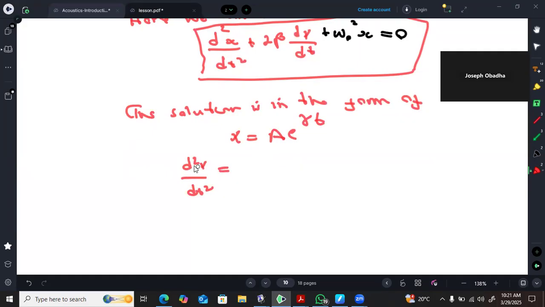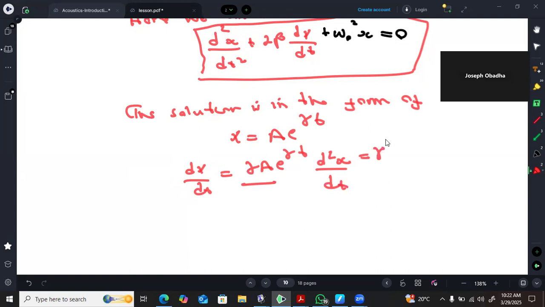Let us differentiate once: dx by dt equal to gamma A e to the gamma t. Then d squared x by dt squared, we differentiate this again, so we get gamma squared A e to the gamma t.